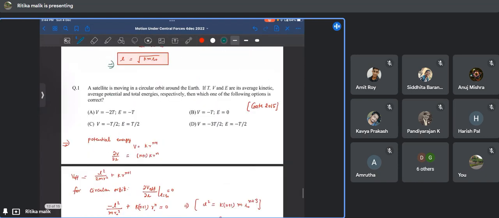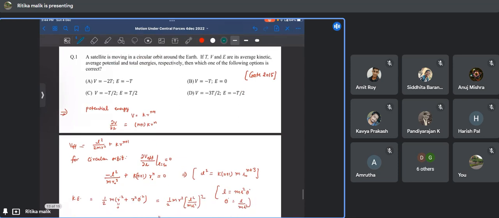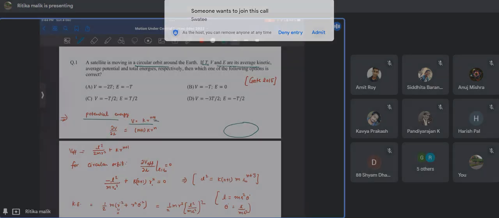So there is one more question from GATE 2015. A satellite is moving in a circular orbit around the Earth. If T, V, and E are the kinetic energy, potential energy and total energy, how are they related to each other? We have not been given the form of potential here, so to make our case simple, we take a simple form like k r to the power n plus 1.